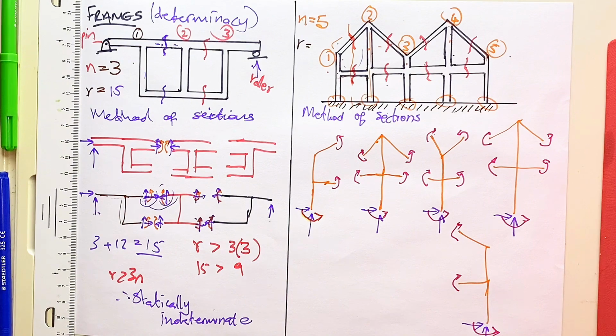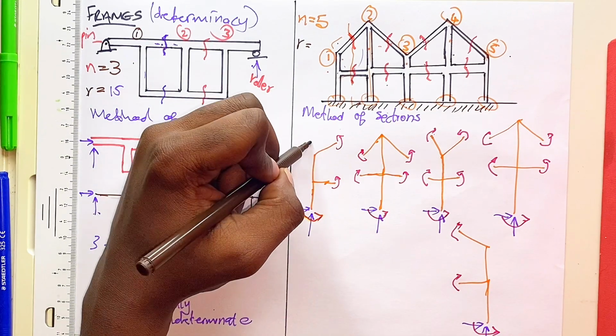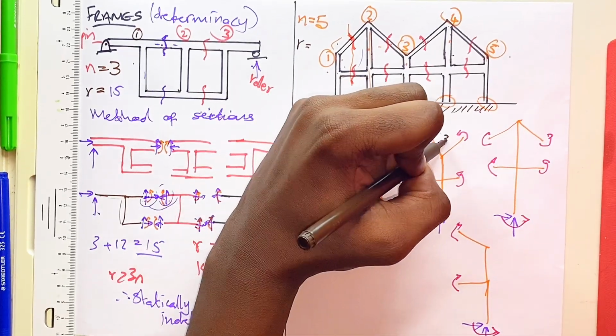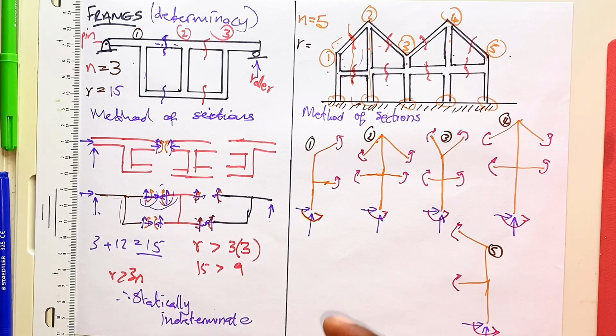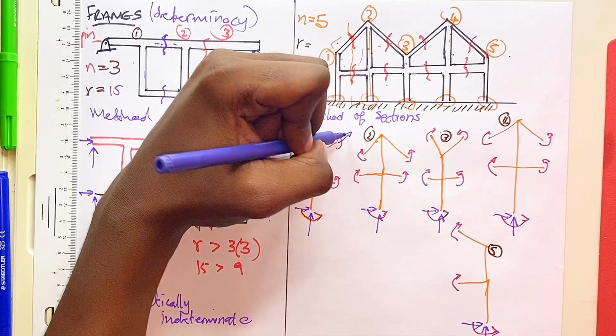Now that I have all of them, remember, let me number my parts. We have part 1, part 2, part 3, part 4, and part 5, so that you do not lose me.